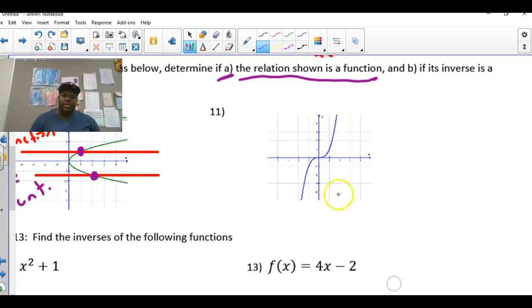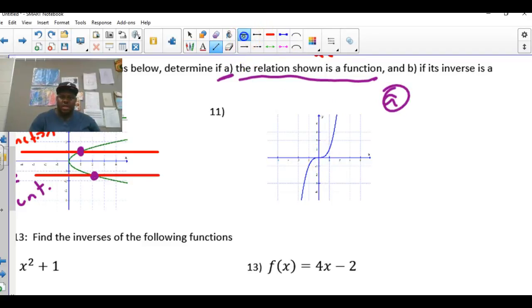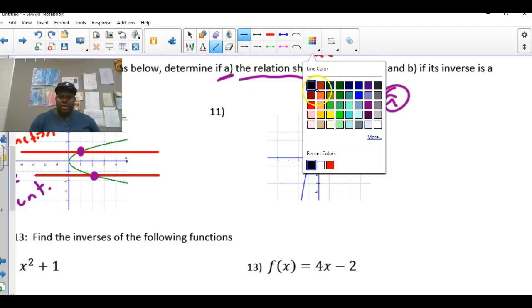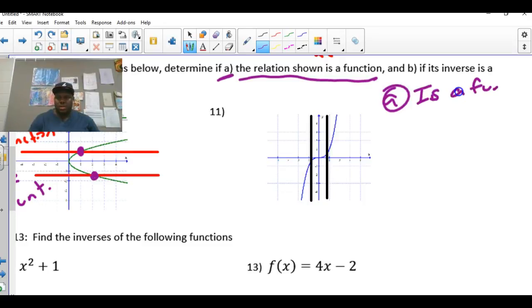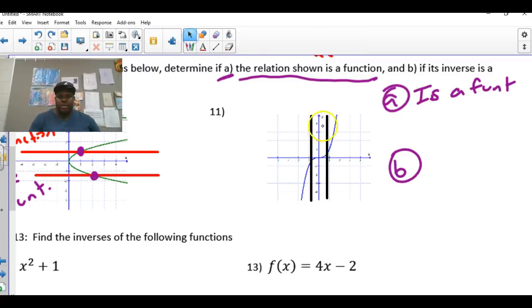Now let's go over here to 11. Part A, is this a function? How do you test to see if this is a function? You use the vertical line test. So doing the vertical line test, here we go, vertical line. Notice that vertical line only touches once, so we know that this is a function. Now we have to look at part B and determine if the inverses are functions.